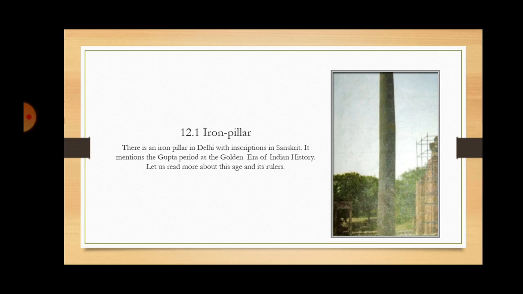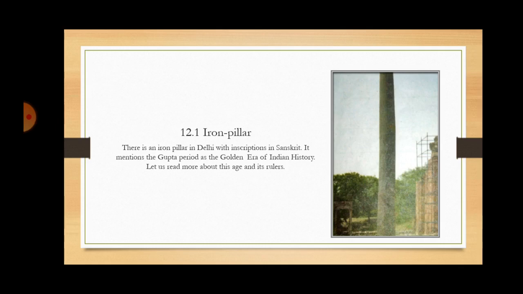So, we will talk first, my dear students, about Chandragupta I, from 320 CE to 335 CE. He was the first important ruler of this dynasty. Initially, he had control only over Magadha, but he extended his empire by matrimonial alliance and conquest.